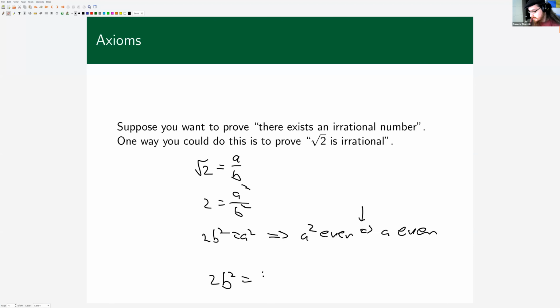is 2c quantity squared, which is 4c squared. Even this equal sign uses commutativity and associativity of multiplication, right? These very simple facts about the arithmetic of the real numbers, that either you treat the real numbers as some God-given object with some nice properties, or you define the real numbers from some other system and prove that it has these properties.